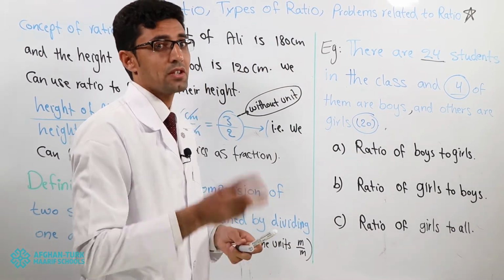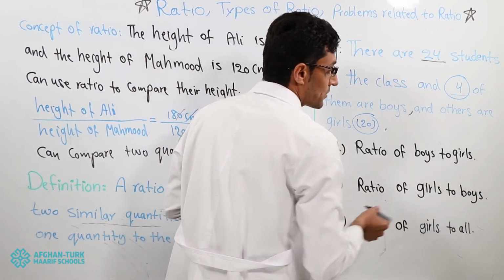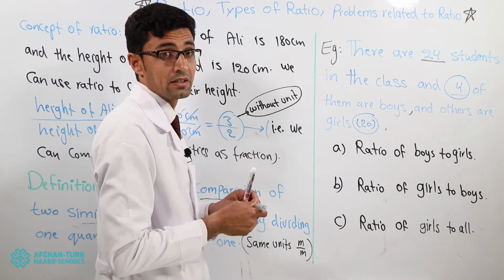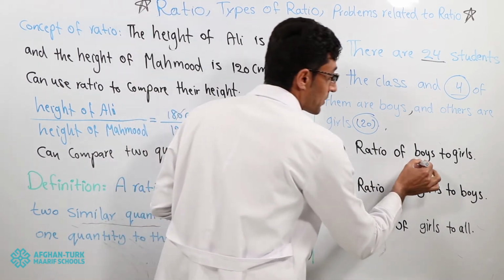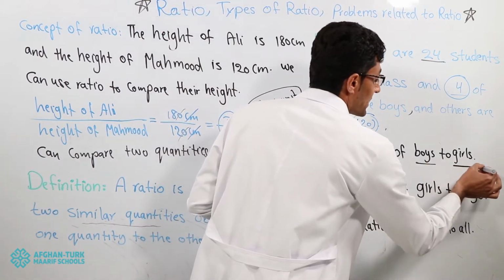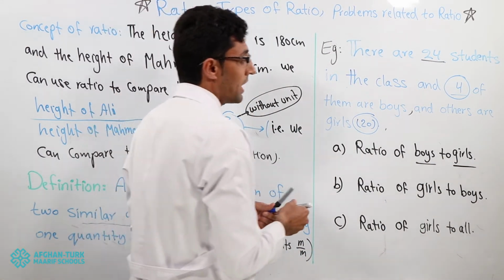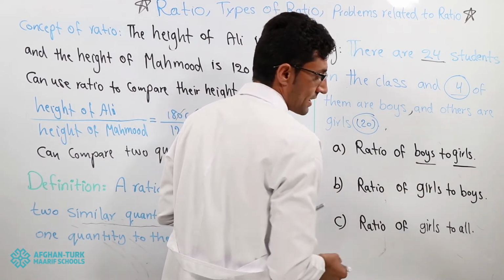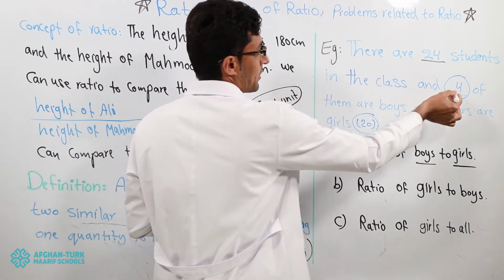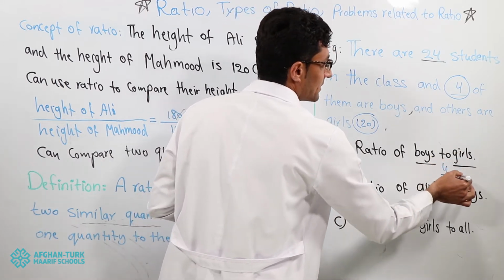Let's answer 3 questions. The first question: ratio of boys to girls. Remember that this point is very important. Which one is first is very important, and which one is second is also very important. What do I write first? Boys. How many boys do I have? 4. And what is the second?